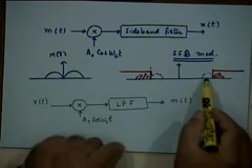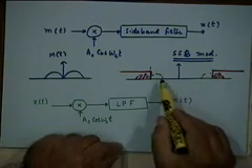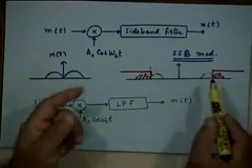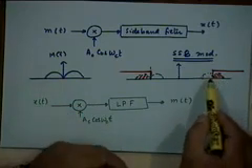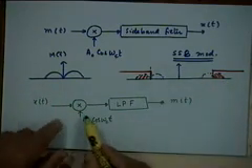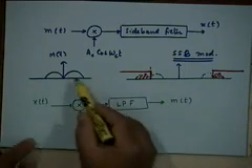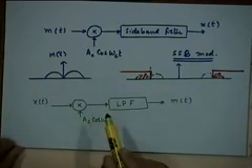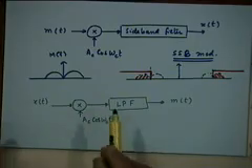The same argument you can repeat when you retain the lower sideband rather than the upper sideband. Please convince yourself that if you transmit the lower sideband, once again the same demodulator would reconstruct your message signal. So whether you are transmitting the upper sideband, the lower sideband, or the double sideband, your demodulator remains the same. We will start from this point next time. Thank you very much.